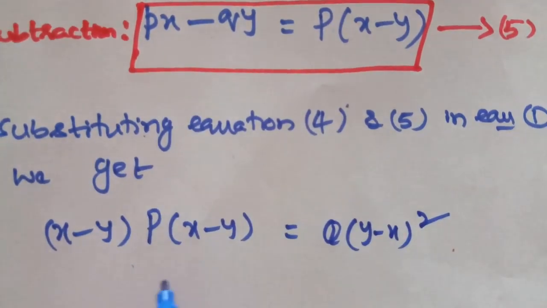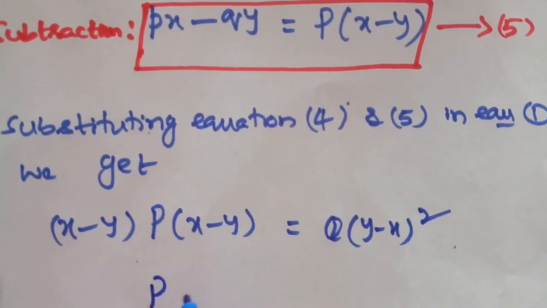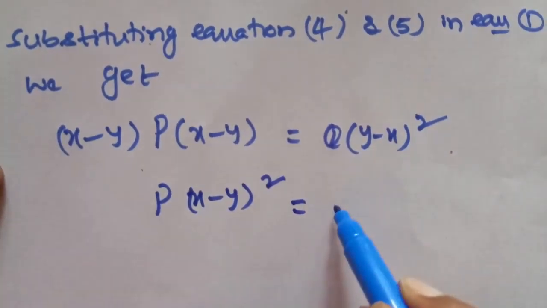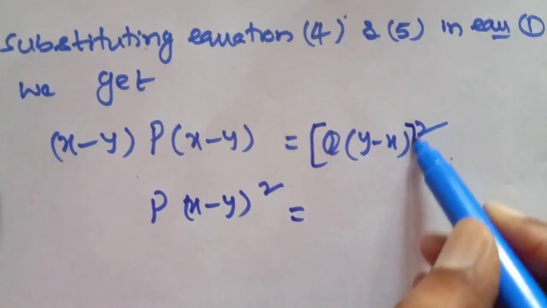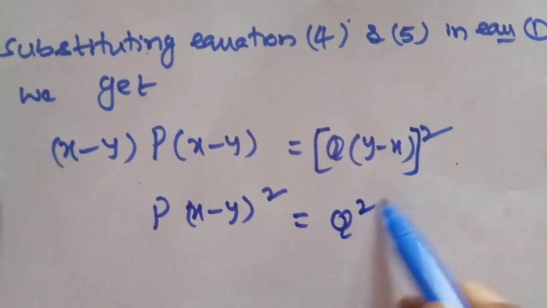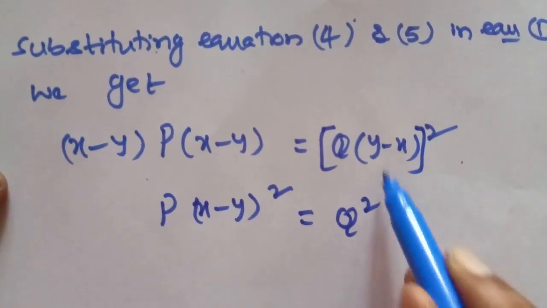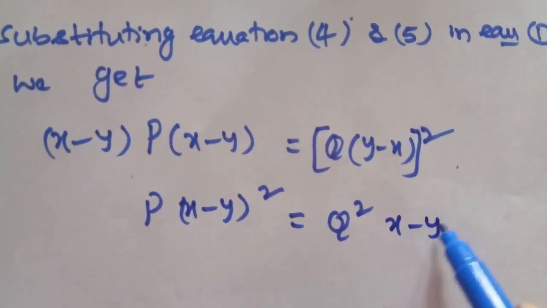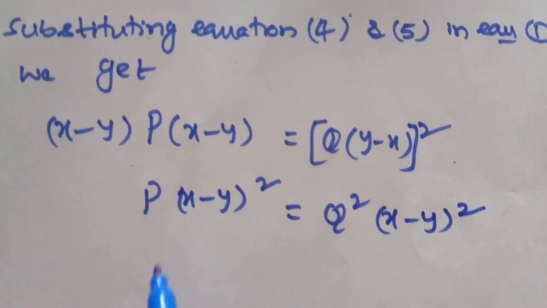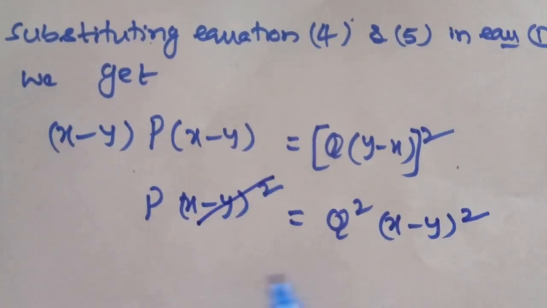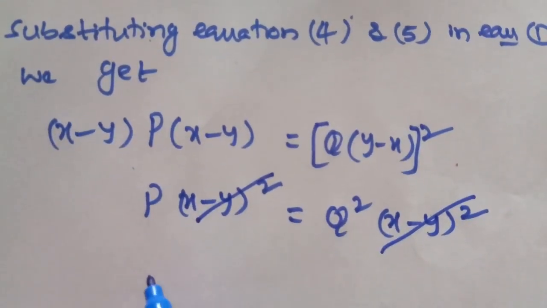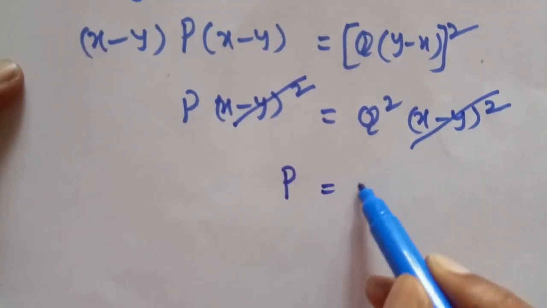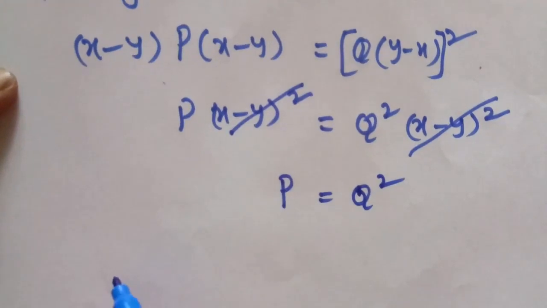Therefore, this can be written as P into x minus y whole square is equal to q square into y minus x, taking minus as a common factor, this becomes x minus y whole square. Now x minus y gets cancelled. Therefore p is equal to q square.